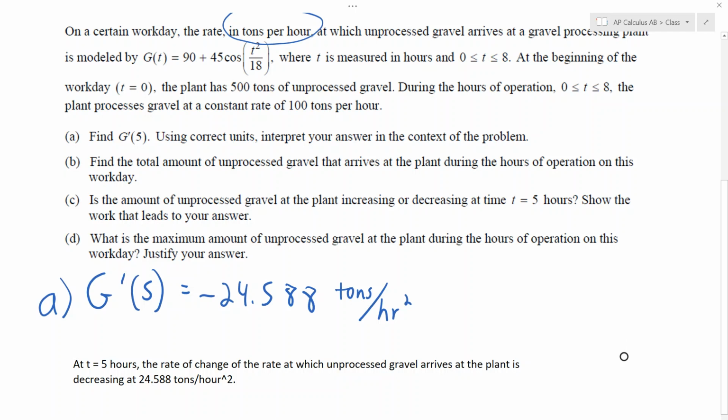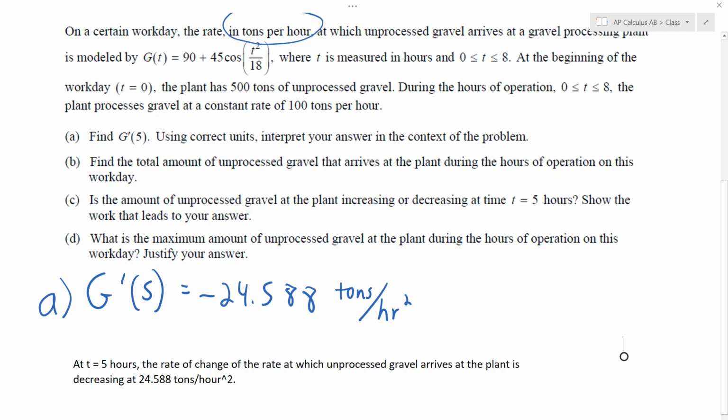Yeah, that answer is C. It's not C, and we'll talk about why. Guys, G prime is the rate at which the rate changes. C is asking about the maximum amount. You got to read these carefully to understand what function they're actually asking you about. C is not asking that. The amount increasing or decreasing has nothing to do with G prime.